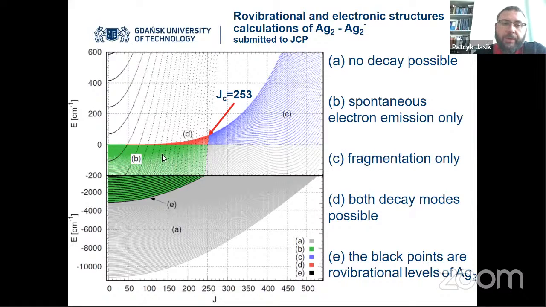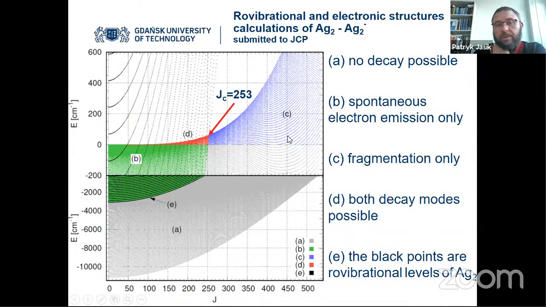So the green part is connected only with spontaneous electron emission, and in the red part two reaction channels are open, and the blue part is connected only with fragmentation.